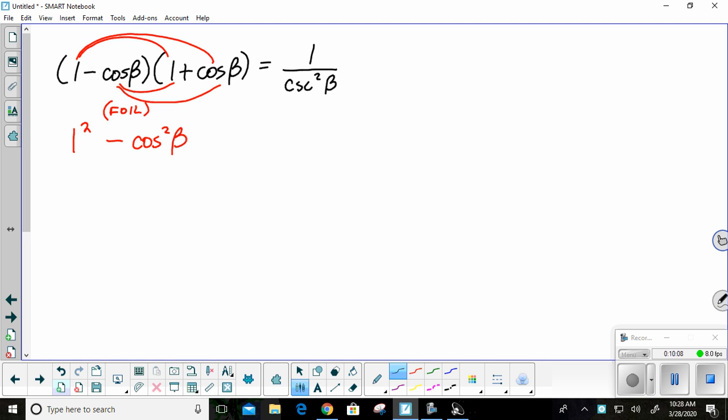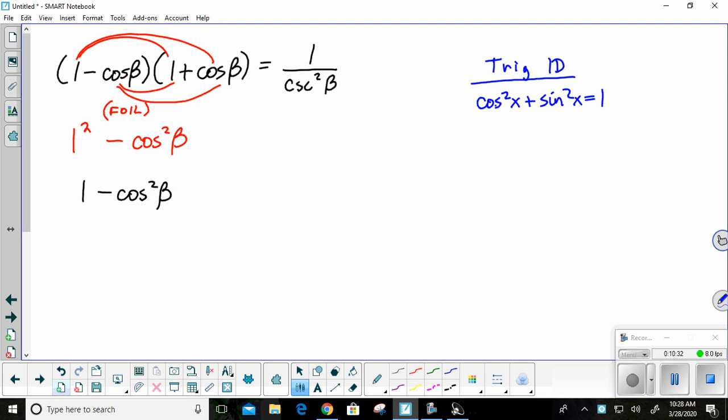Well, obviously 1 squared is just 1. Now, once again, does that kind of ring a bell with our trig identities? Okay, remember the trig identity one more time. We've got cosine squared x plus sine squared x equals 1.